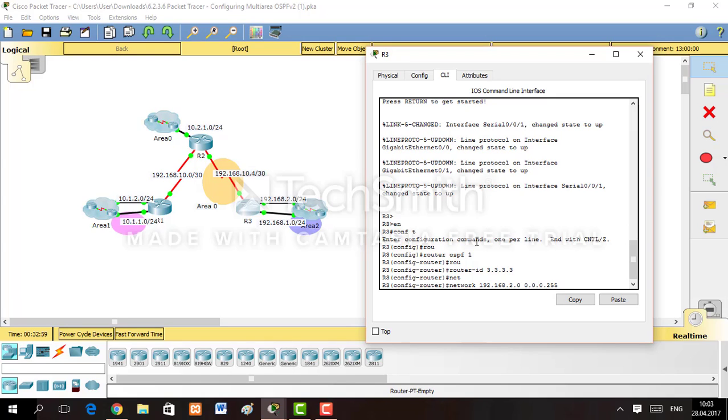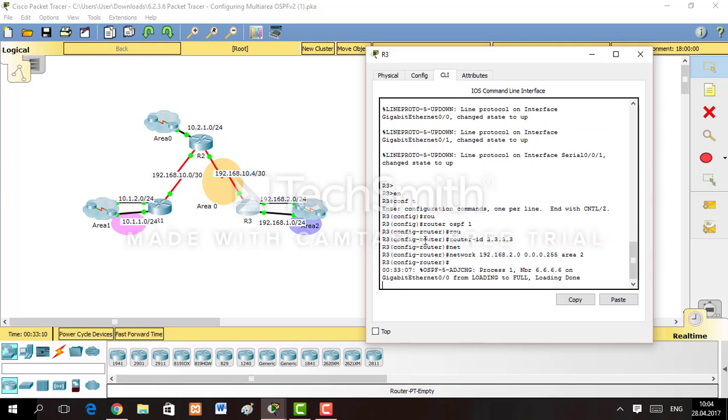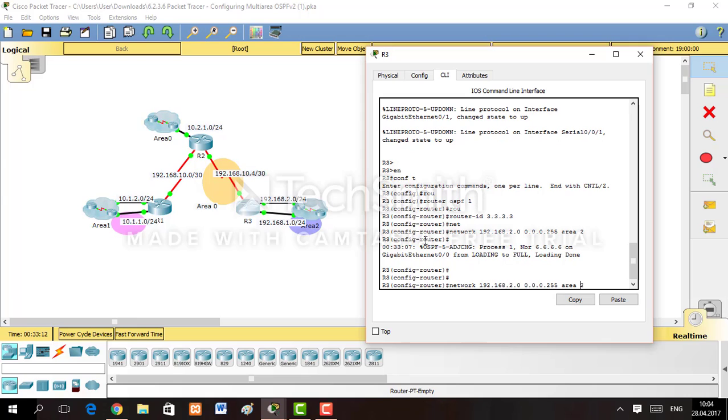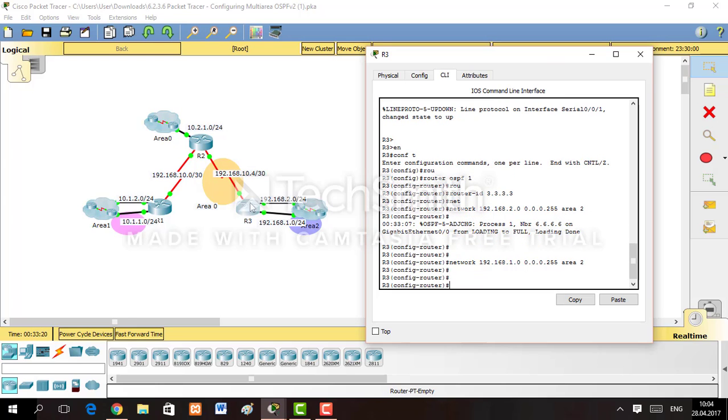And here is area 2. Here this network and this network are in area 2, so we need to write it just like this. Also like this. And also the third network that is in area 0.